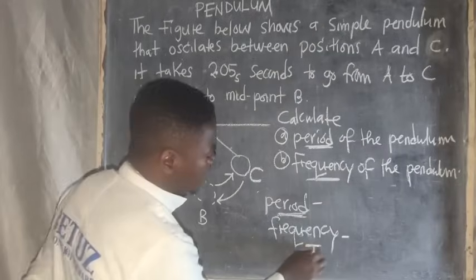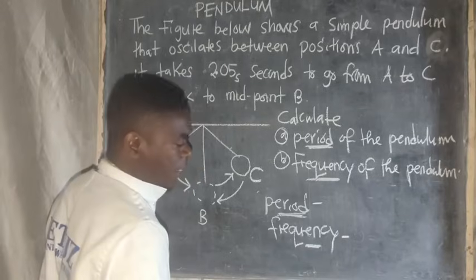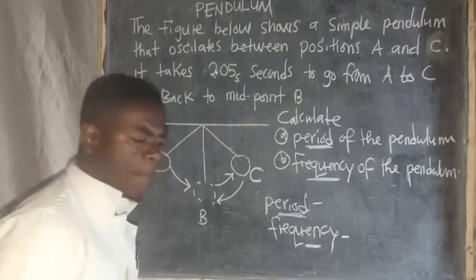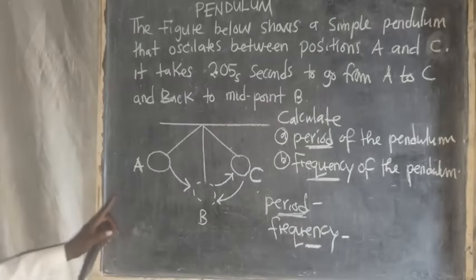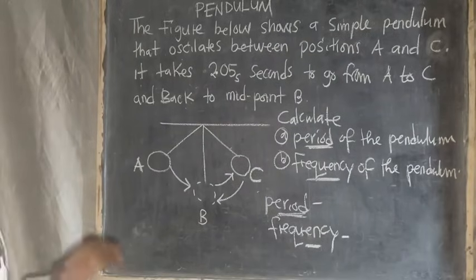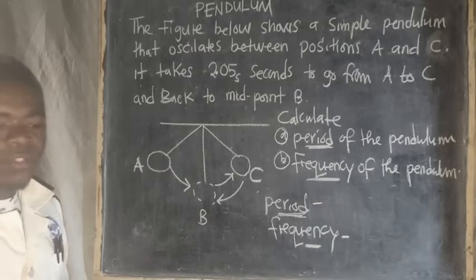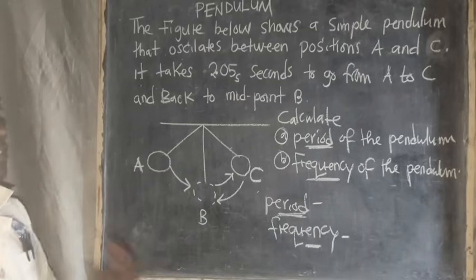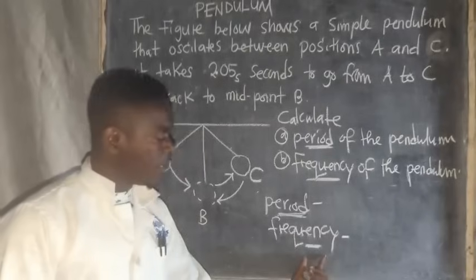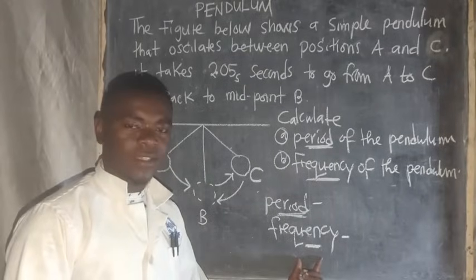And when we are talking about frequency, frequency is just the number of complete oscillations that are made per second. So the number of oscillations made per second is what we call frequency.